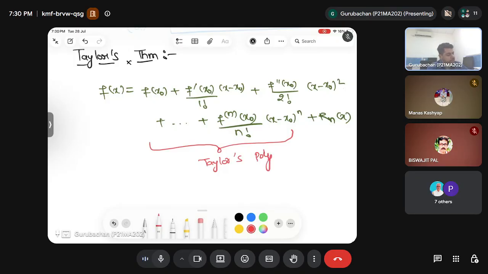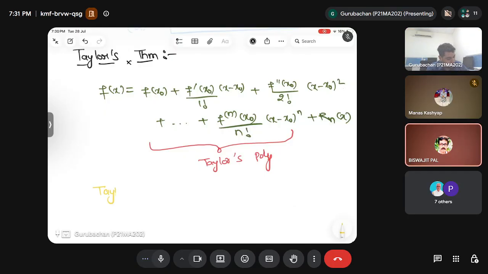When we call it Taylor series, if the remainder term Rn(x) tends to 0, if Rn(x) goes to 0 as n tends to infinity, then this, looking like a polynomial structure, will go to infinity.